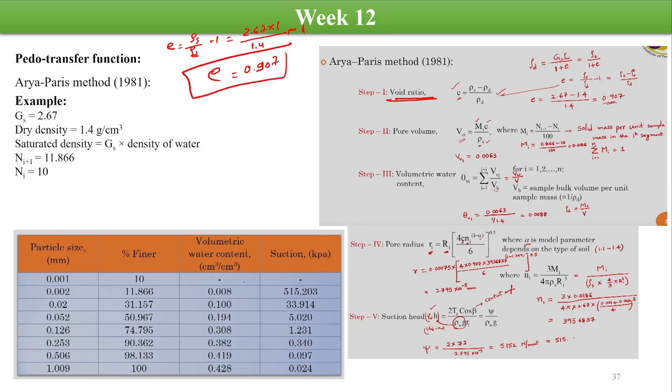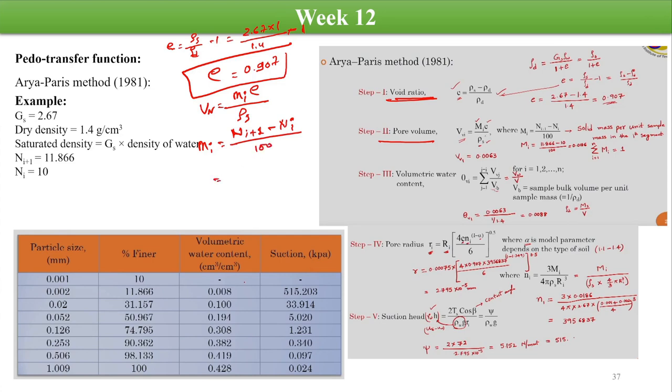Okay. Then to calculate the pore volume is the next step, where we'll calculate the pore volume using the formulation Mi upon rho s, multiplied by e that we have determined. But how can we determine the solid mass per unit sample in the ith segment? We have to determine the mass fraction in the Ni plus 1th section minus the Nith section, divided by 100.